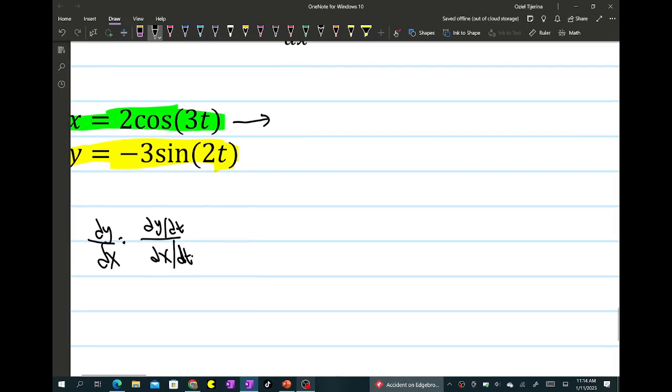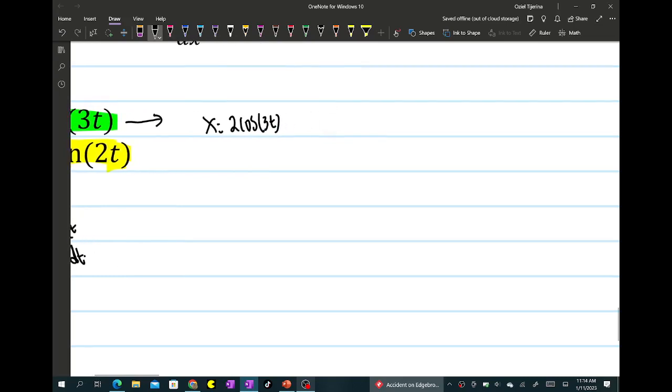When we look at the first one, we have x equals 2 cosine of 3t, and let me go ahead and label. So then dx, we have 2, and then the negative sine of 3t, and we also have to multiply times 3 because of the chain rule, right?